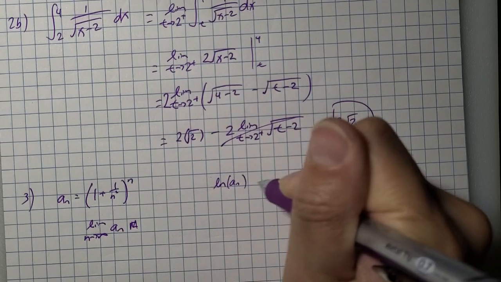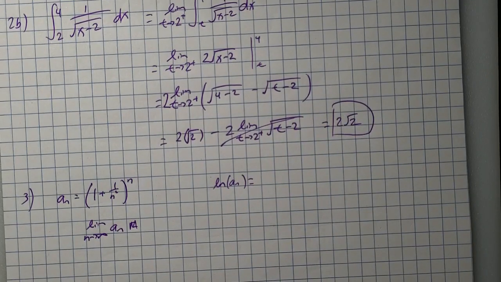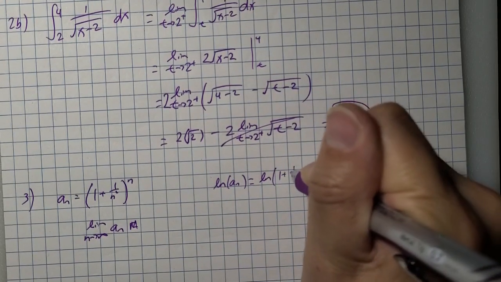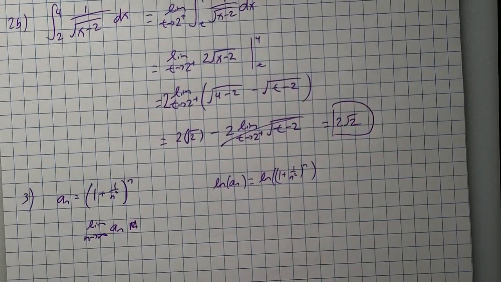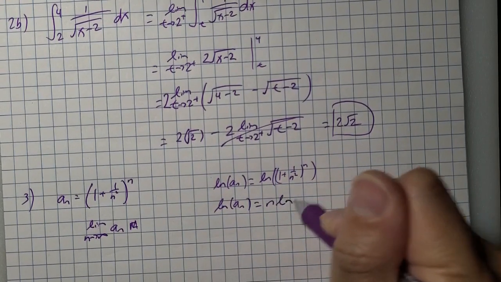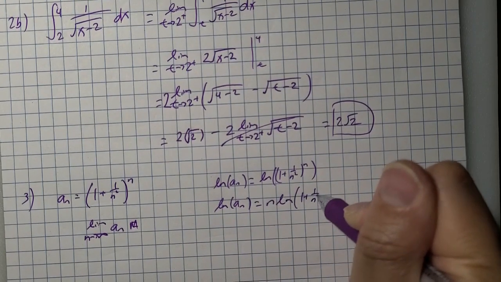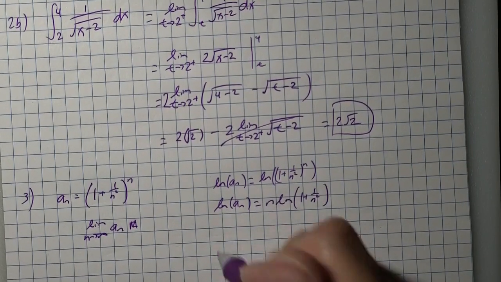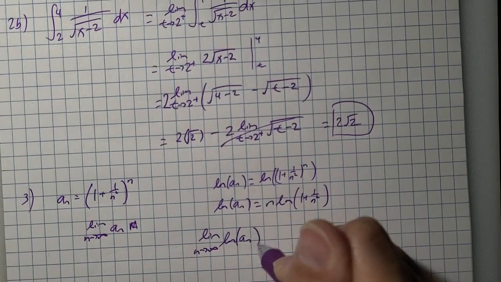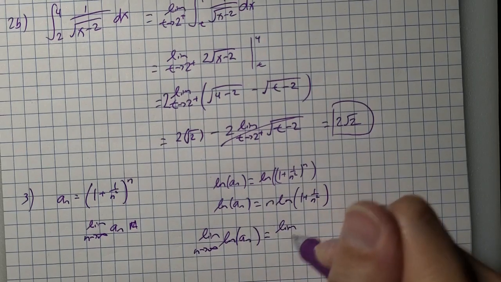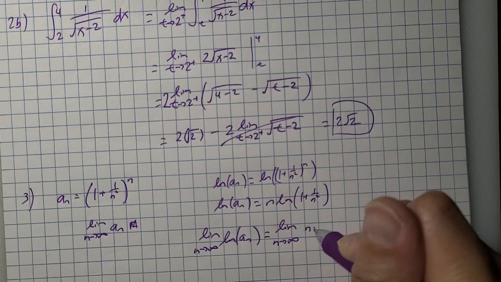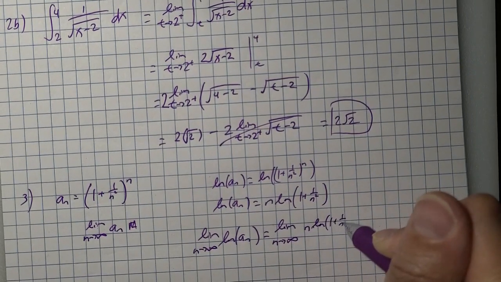The natural log of a sub n, this guy, is equal to the natural log of (1 plus 1 over n squared) to the n power. So for the natural log of a sub n, remember properties of logs, we can move the exponent out. Okay, so let's take the limit as n goes to infinity of the natural log of a sub n. So that's the limit as n goes to infinity of n times ln of 1 plus 1 over n squared.